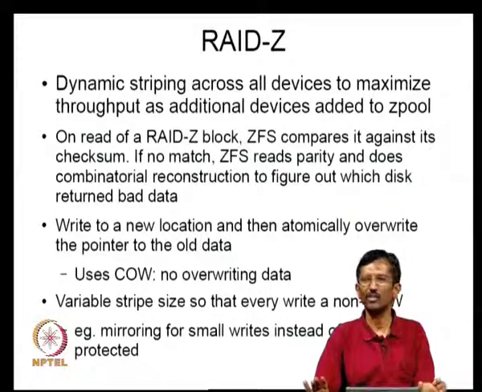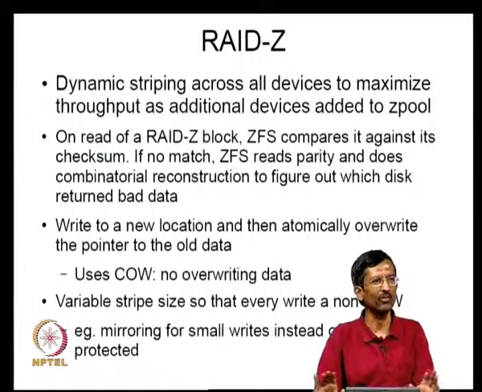So if you are writing only 1 stripe, it will be RAID 1. If you write 2 stripes, for example, if you write 32 kilobytes, you basically make it into a full stripe write with a parity of another 32 kilobytes. That is, a 64 kilobyte write, you make it into a 64 kilobyte write plus 1 parity. Okay. So whatever writes you write, it's always a full write.